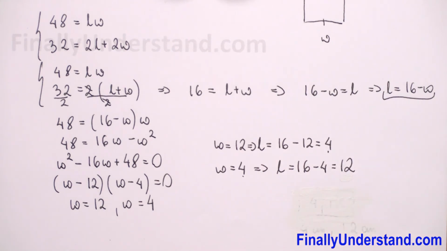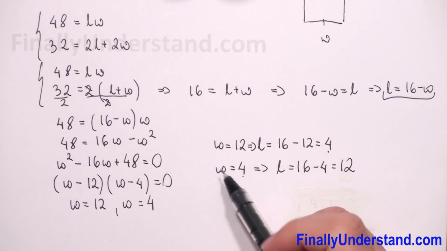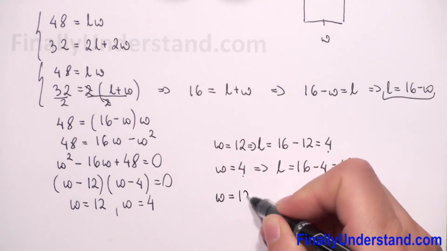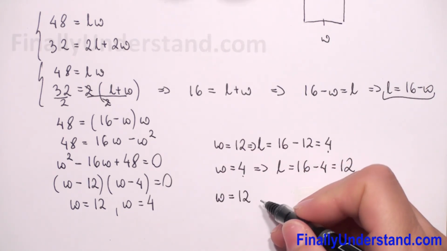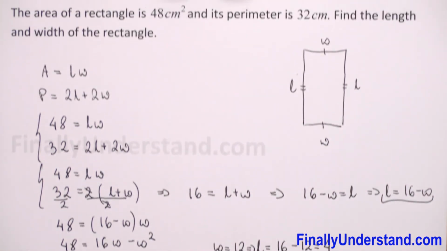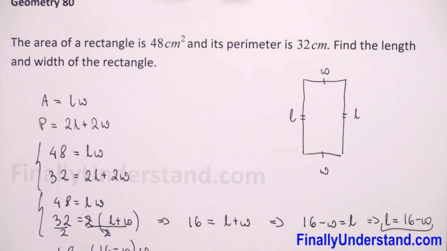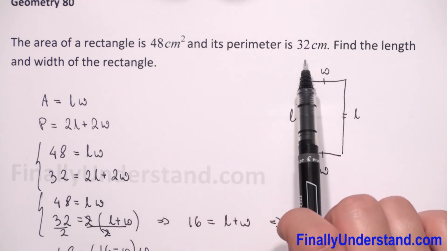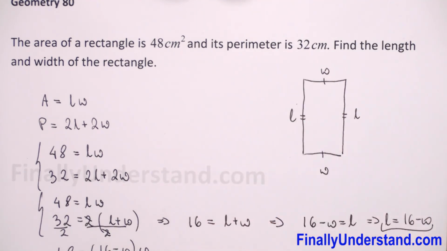We got two solutions. When width is 12, of course, we have to add centimeters because we have given area in square centimeters and perimeter is 32 centimeters.